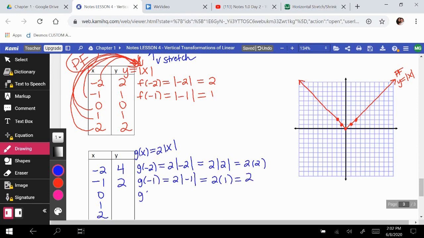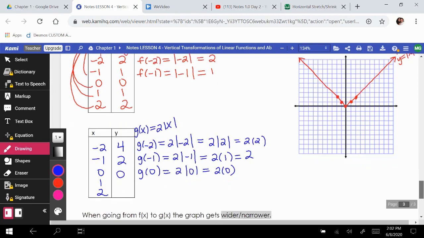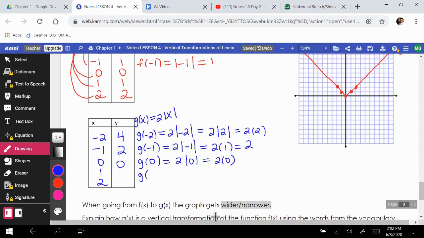If I plug in 0, what am I going to get? 2 times the absolute value of 0. That would be 2 times 0, which is 0. Okay, what am I going to get if I plug in 1? 2 times the absolute value of 1 would just be 2. And g of 2, if I plug that in, let me put the absolute value bars, that's really just going to be 2 times 2, right, which is 4.